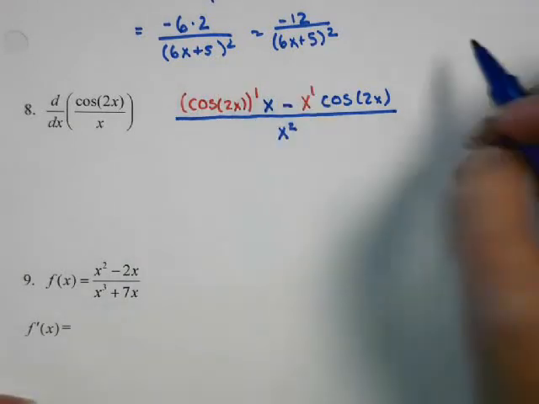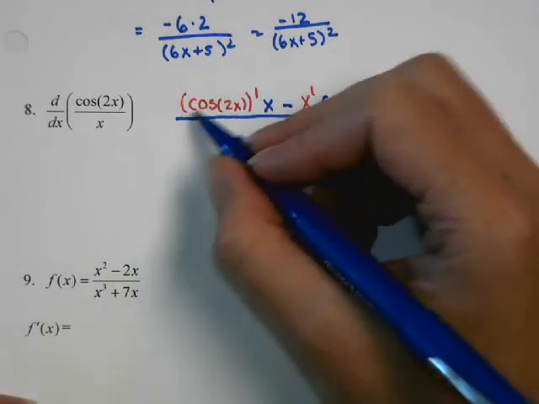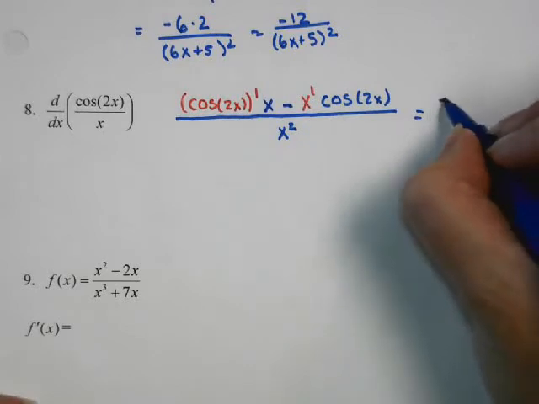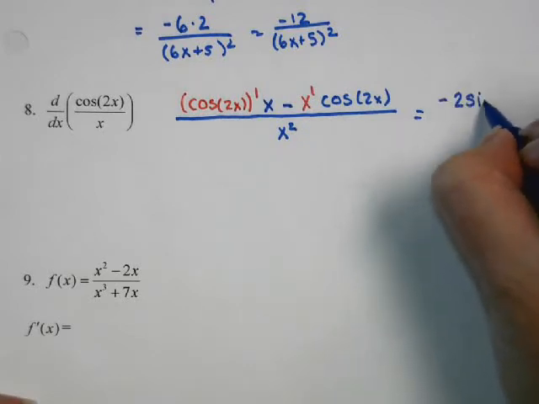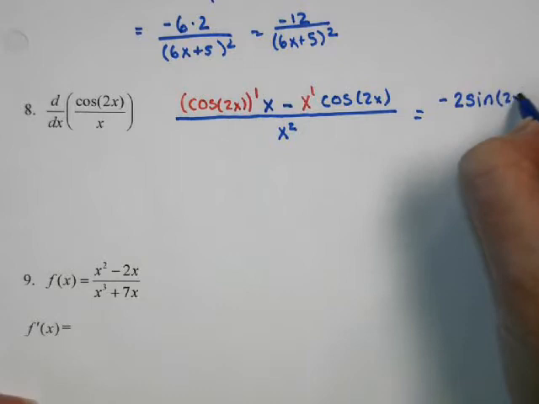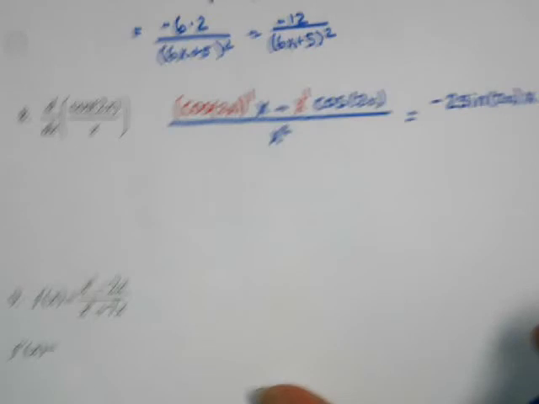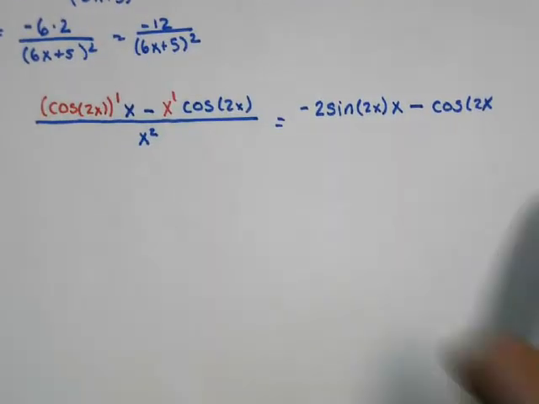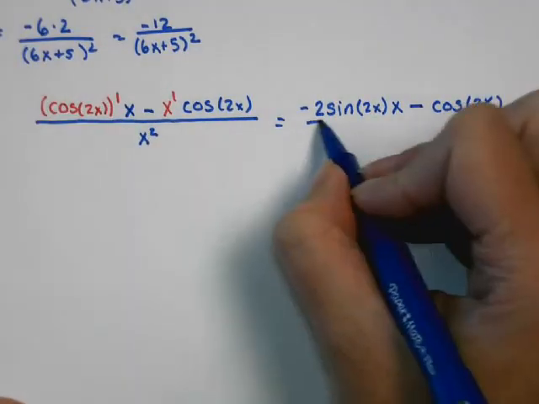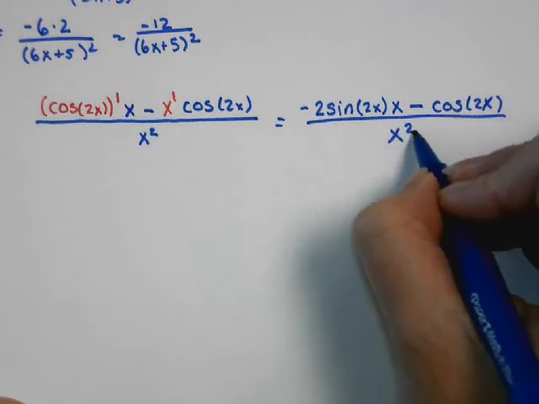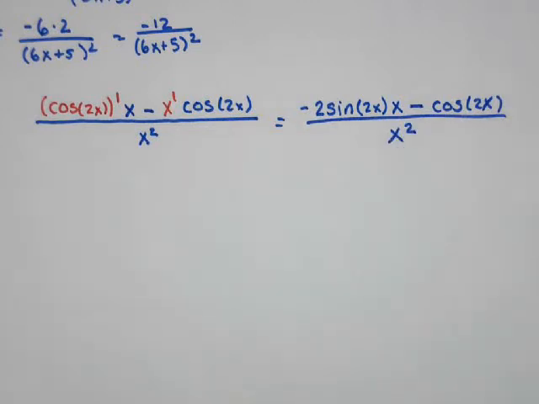Then we'll take this derivative and this derivative. So this derivative is going to be negative 2 sine 2x, because we have to use the chain rule, times x, minus the derivative of x is 1. All over x squared.